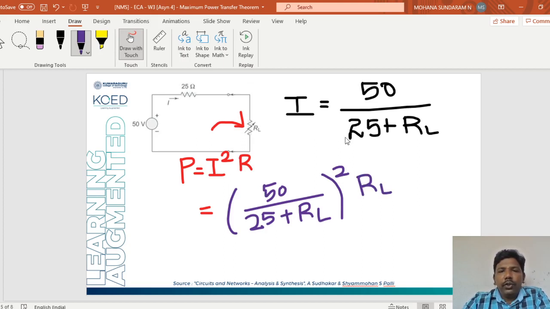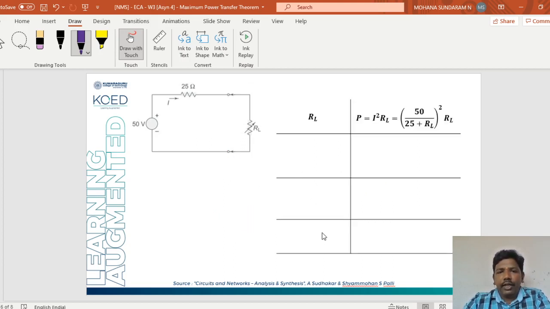So what we will do is take three different values. The theorem states that if you choose RL equal to RS, only then maximum power will be transferred. This is the condition.